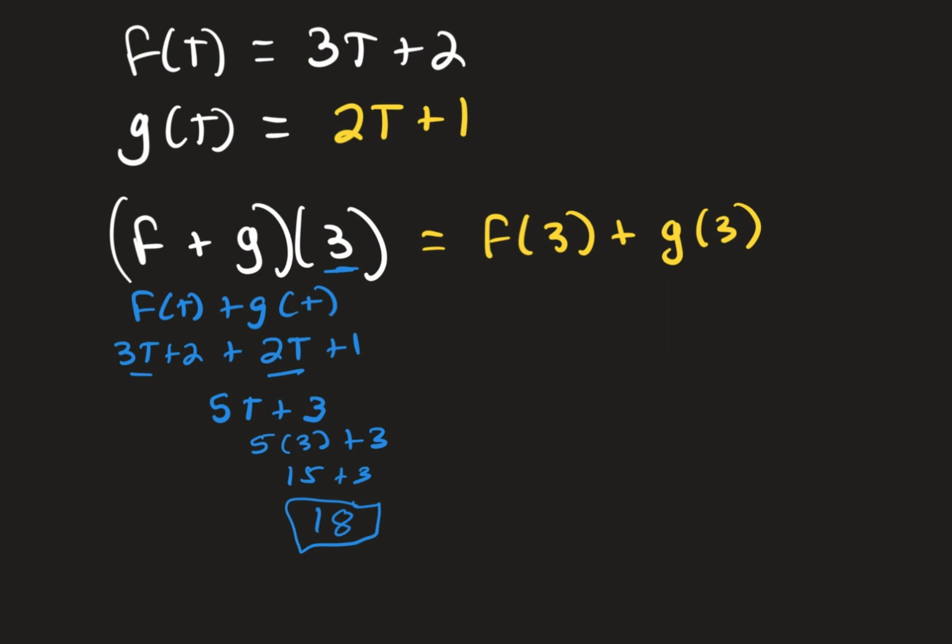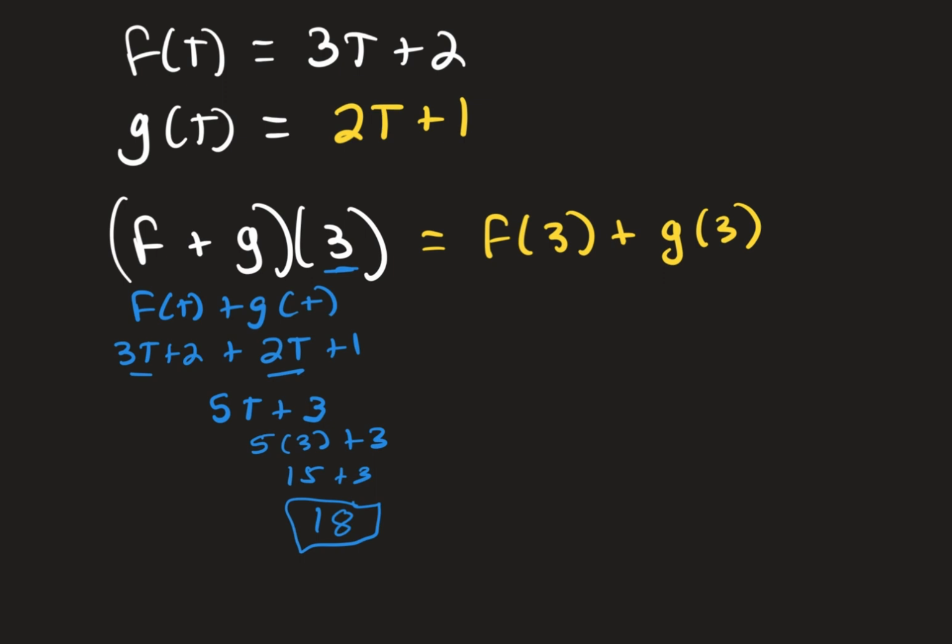The easier way to do these, in my mind, is to find f of 3 in your original function, and then find g of 3, and then take those two things and add them together. Not creating a new rule, but just evaluating each of these individual functions and then putting the rule to them.